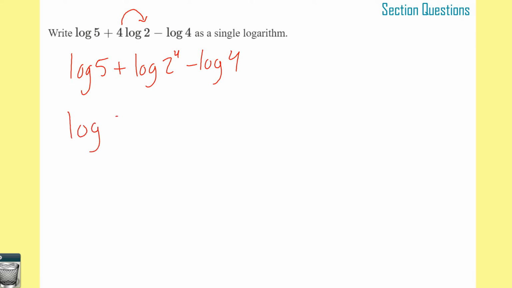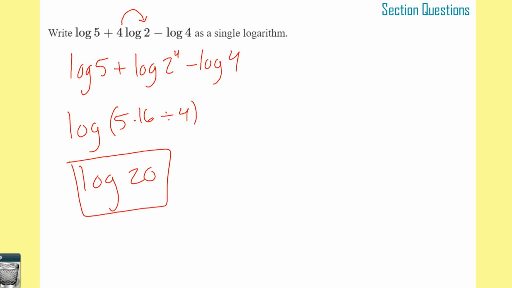We get log of 5 times 2 to the 4th. 2 to the 4th is 16. And then we subtract 4, so we divide by 4. So 5 times 16 divided by 4 is 20. So single logarithm, log 20.